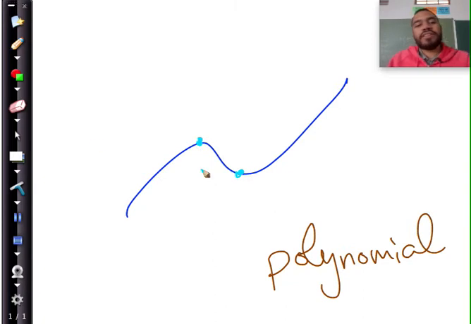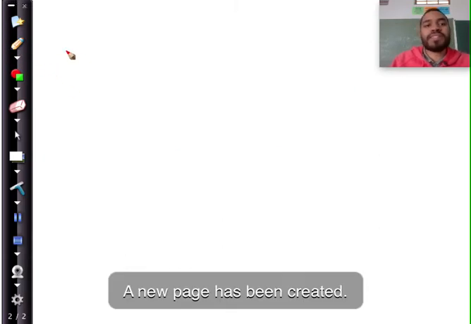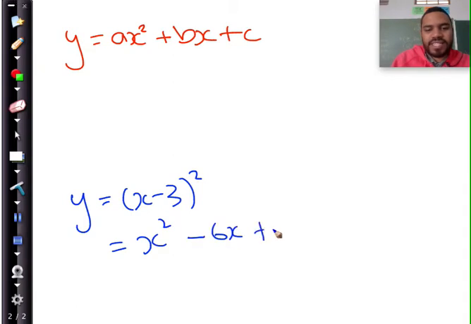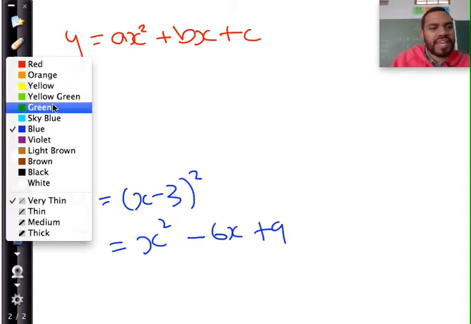So before we go into that, I want to take you back and ask you, how do you find the turning point of a parabola? And I'm going to give you some parabolas. So remember, the standard form of a parabola is ax squared plus bx plus c, right? Now, if I gave you this parabola, y equals x minus 3 all squared, I'm going to put it in that standard form, which means it's going to be x squared minus 6x plus 9, with the corresponding a, b, and c values.